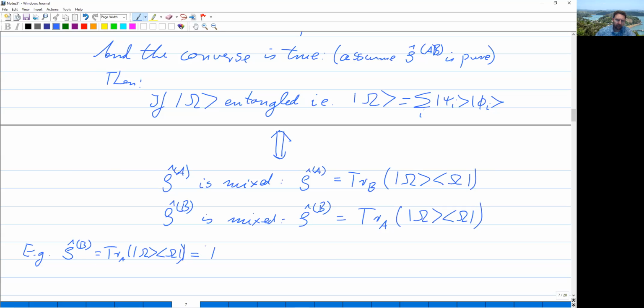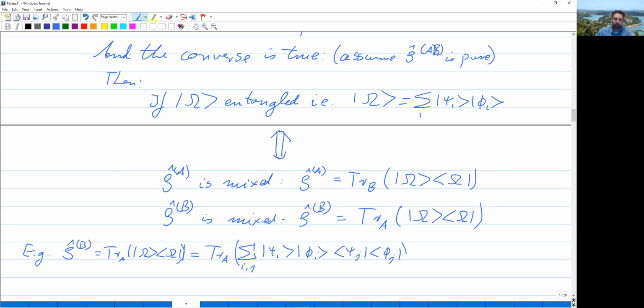This is the trace over Hilbert space A, and then, well, remember what omega is, it's this. So we have here the sum over i and j, and then psi i, phi i, and psi j, phi j.